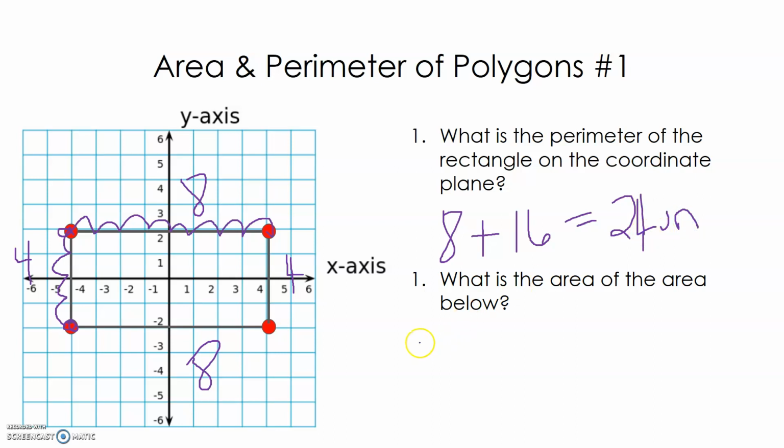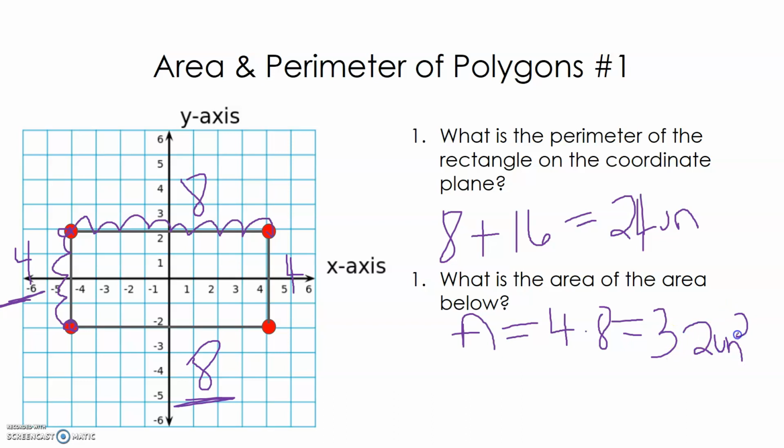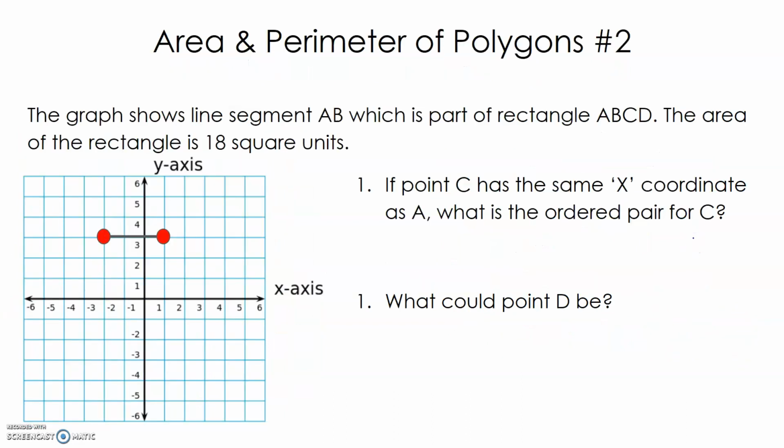Area: we found the base, we found the height. If I plug those into my formula, I get 4 times 8, which gives me a total area of 32 units squared. Pretty simple, very straightforward.